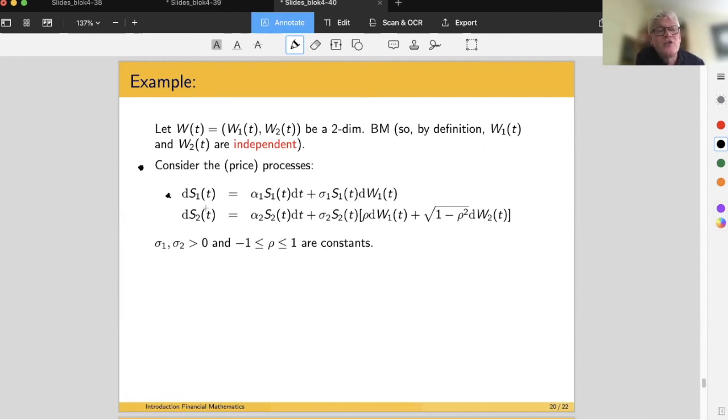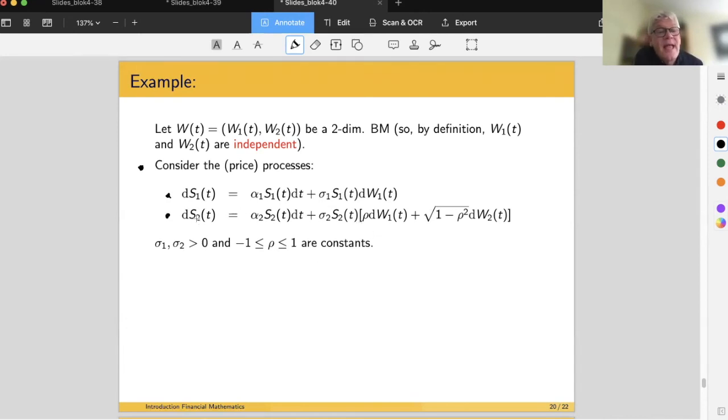For S1, stock 1, if you wish, dS1_t is alpha 1 S1_t dt plus sigma 1 S1_t dW1_t. And now let's look at a second stock price process, which has a little bit different Brownian motion.